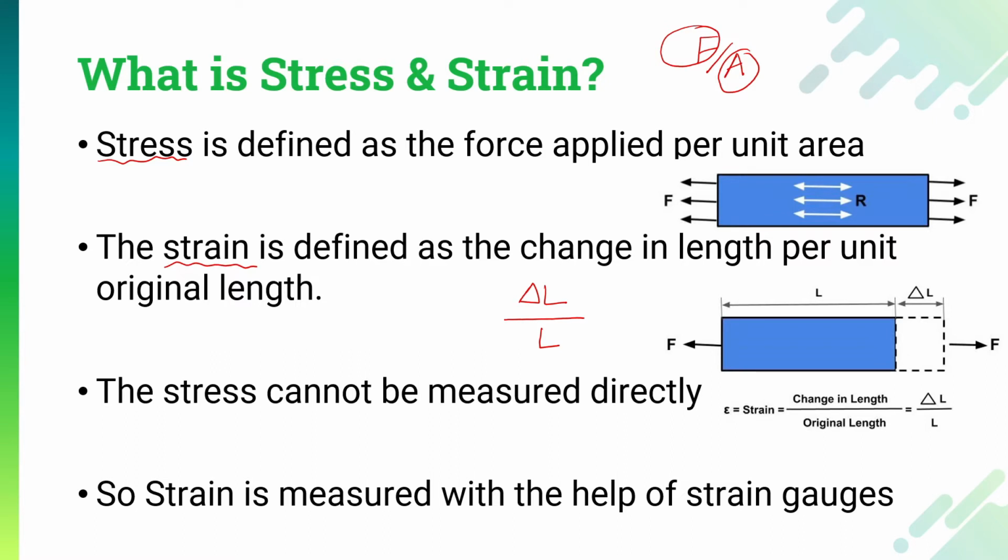Whenever we apply an external force, internal stress will be developed, and due to that there will be a change in the length, and that change in length per unit original length is known as strain. When we talk about measurement of stress and strain, stress measurement cannot be done directly, but we can measure the strain, and that can be done with the help of strain gauges.